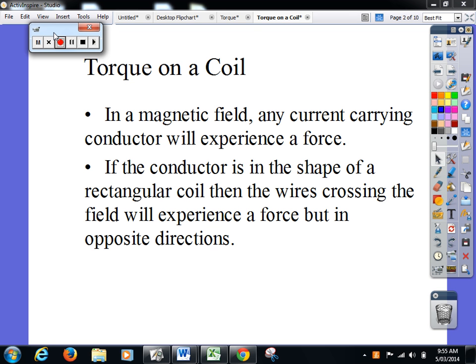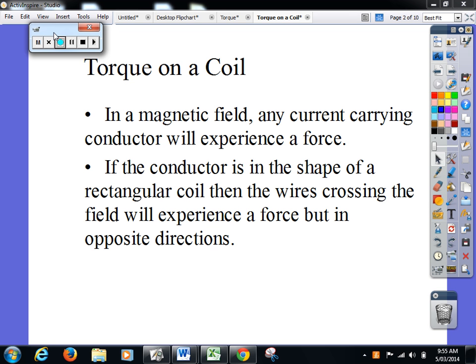If we place the conductor in a specific shape, like a circle, or if it's a rectangle, which is the most efficient, slightly curved rectangles, then we can use that rectangle to cause a twist. And we call this a coil.